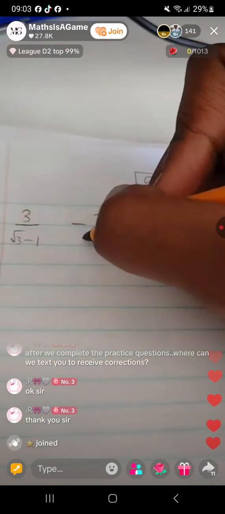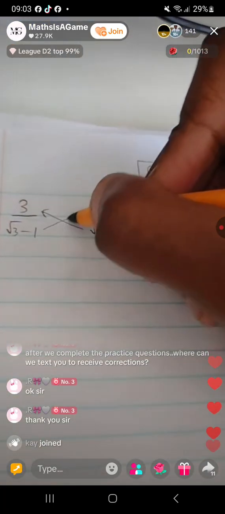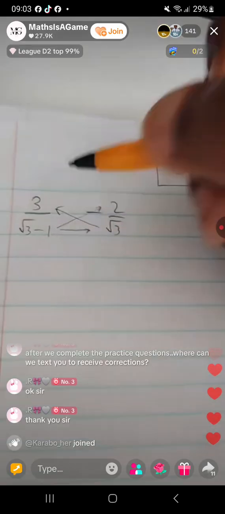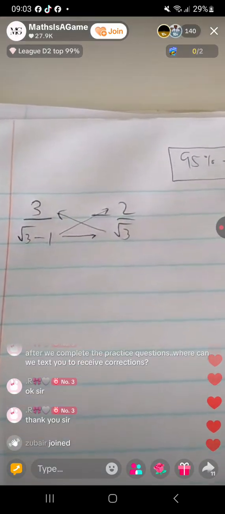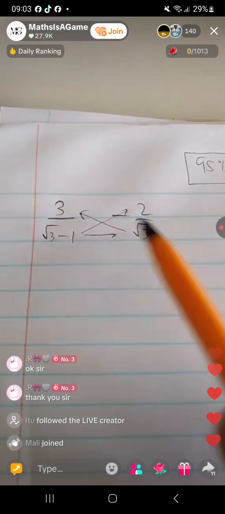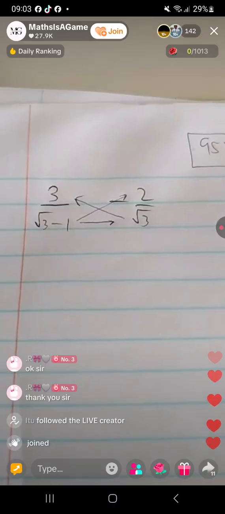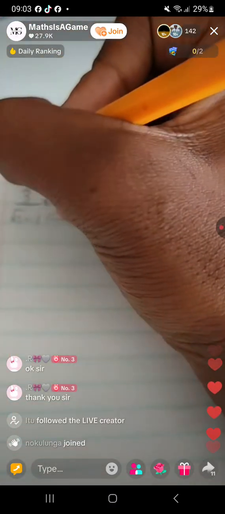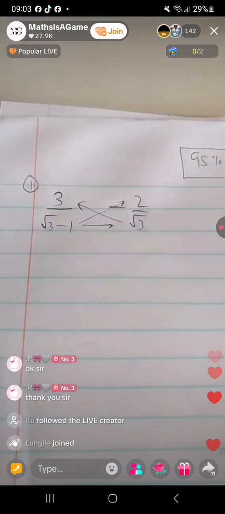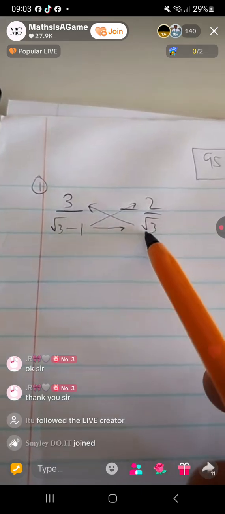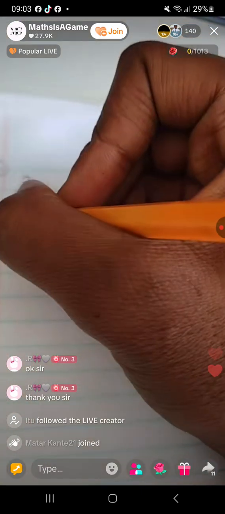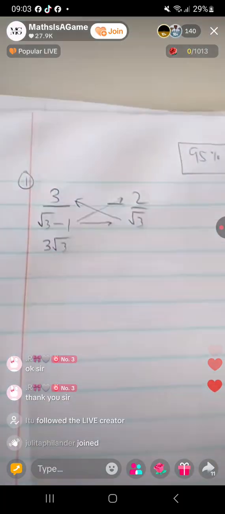Anyways, someone once said this is called the butterfly method. When you have 2 fractions, instead of going and finding the LCD, you can use the butterfly method. Step 1, you multiply the 3 and the root 3. So at the left top corner, you get 3 root 3.